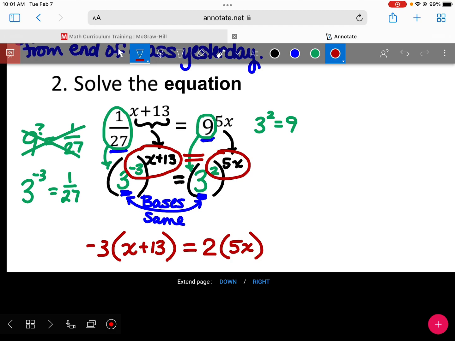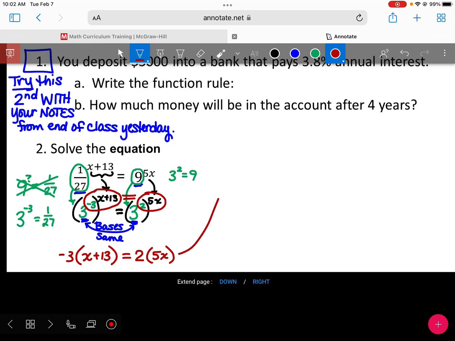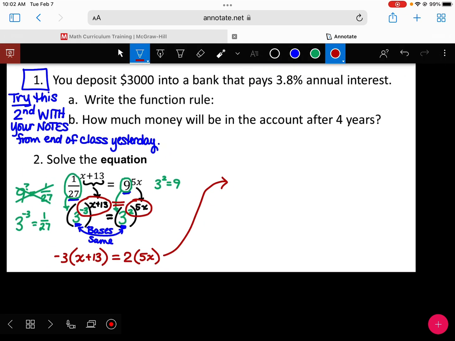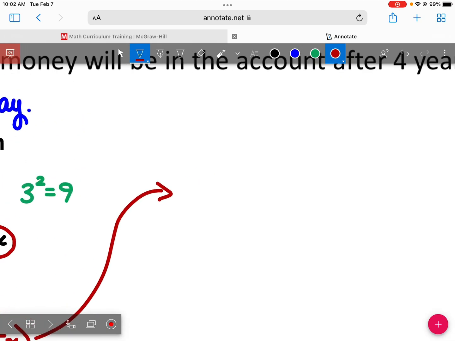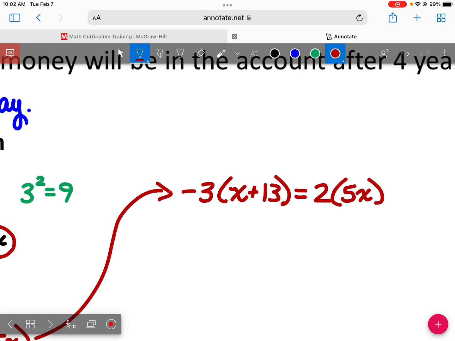When we have an exponent inside the parentheses and an exponent outside the parentheses, we multiply them together. So I'm going to bring my work around here. And we're going to distribute those pieces. So negative 3 times x plus 13 equals 2 times 5x.